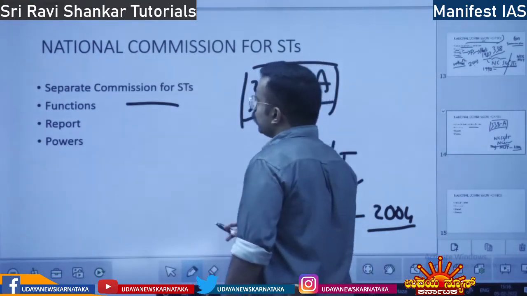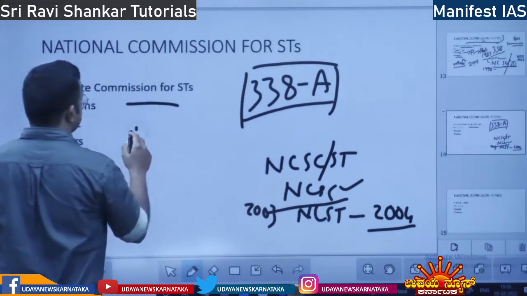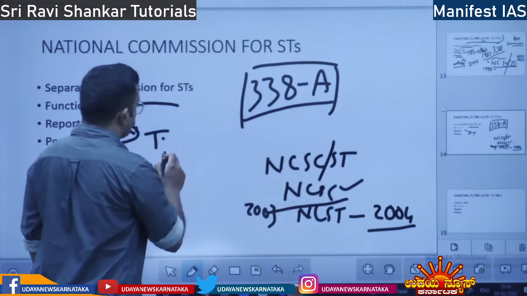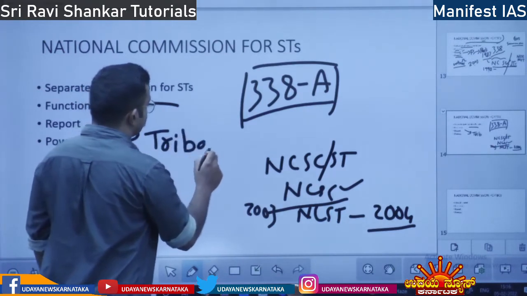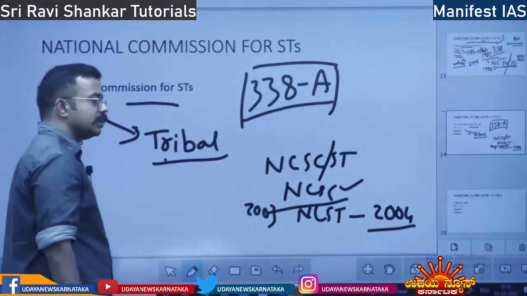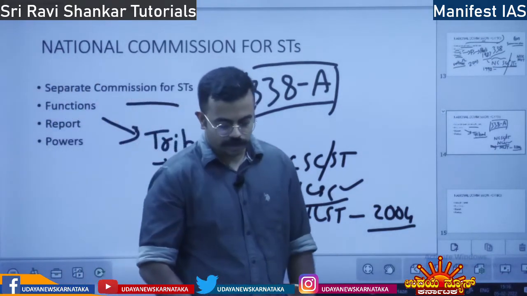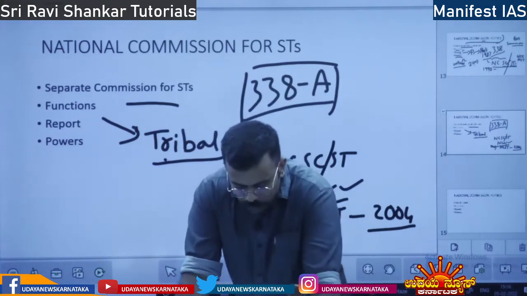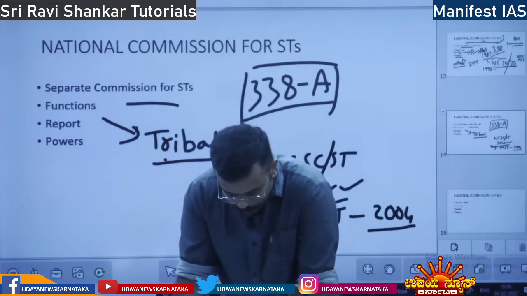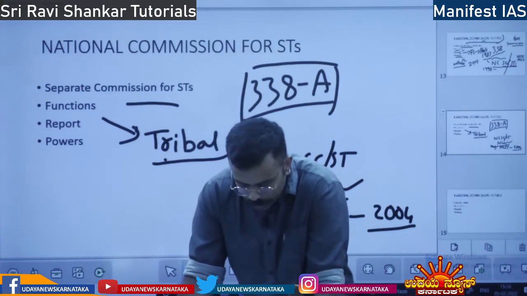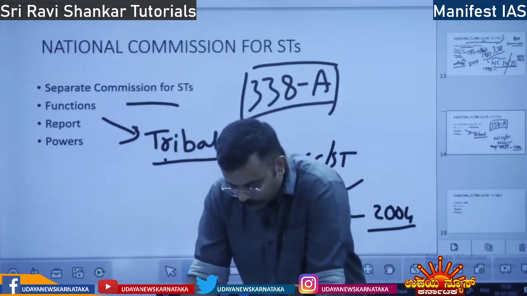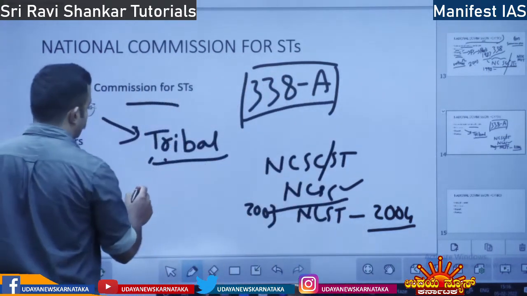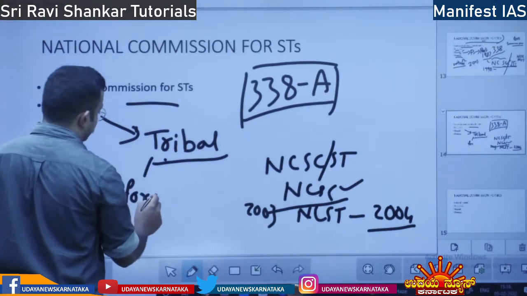So when it comes to NCST, there are certain special functions. Why special functions? Because the population involved is tribal population, and tribes are a special category of population. What are the special functions for the NCST? Ownership rights of STs in the forest area. The tribes will be living in forest areas, right?